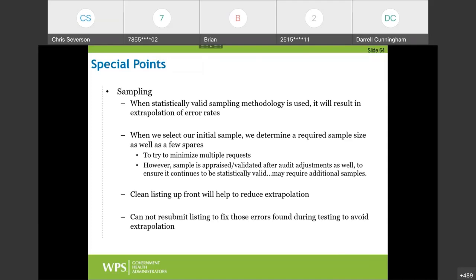It just tries to minimize multiple requests. We're not going to ask you for 50 extra spares or anything like that. Usually it's about 5 extra spares just to be on the safe side. Or at the very least, if you have the data ready, you don't necessarily need to submit it, but have it ready. We just don't want to come back with a surprise request for you.